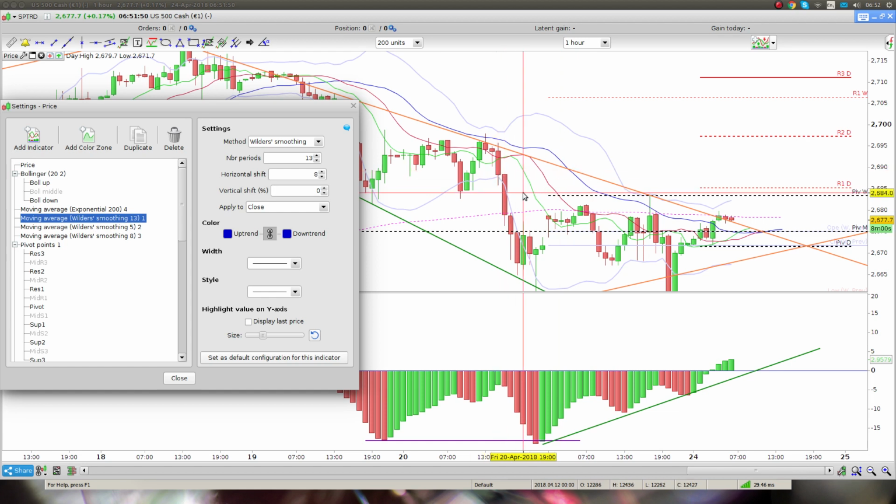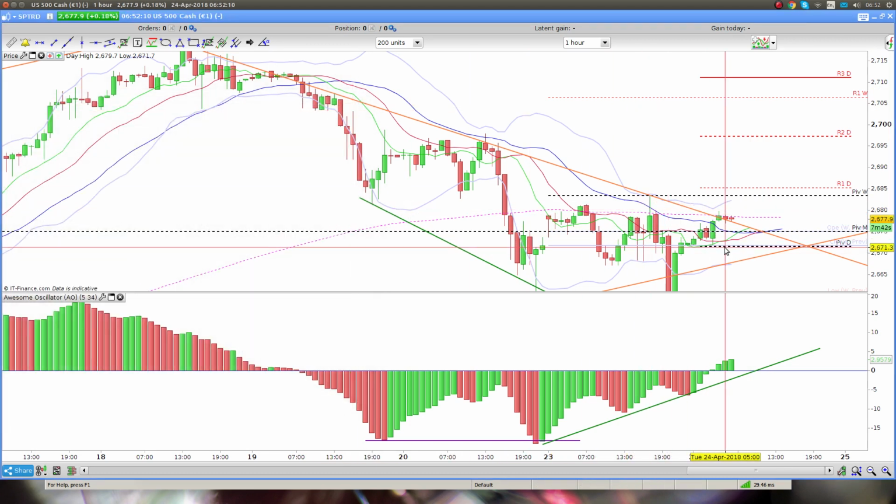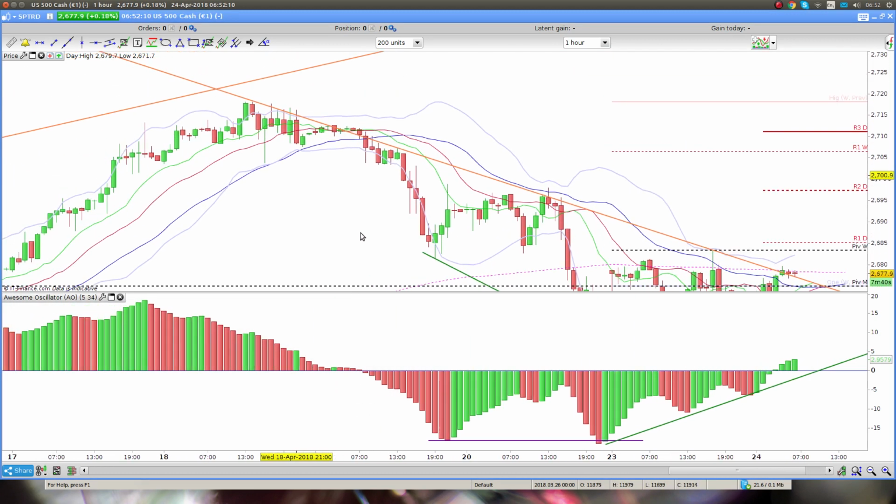So the green is a 5 and the red is an 8. Okay, and obviously it's a smoothed moving average, and it's shifted forward by 5 periods, just so you can get an indication of what's happening. Okay, so now you can see a few things here. I just want to go back now.